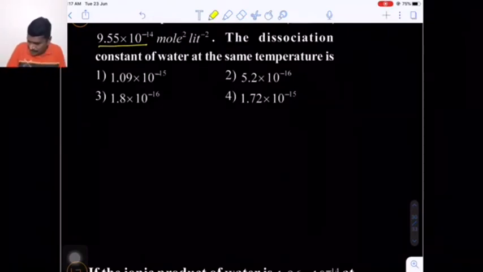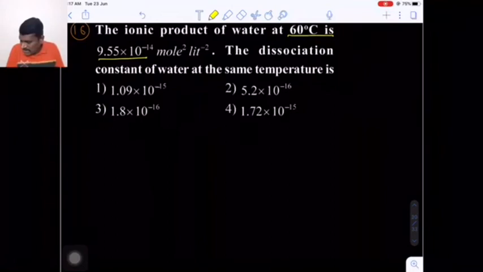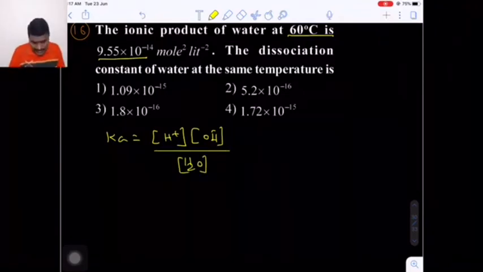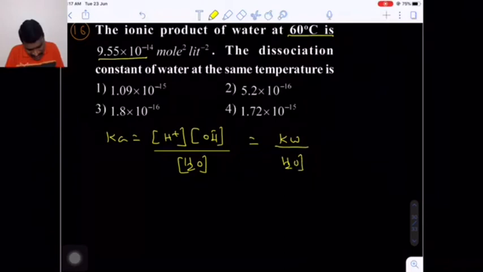Question number 16, what is the Ka? Nothing but H plus ion concentration into OH minus ion concentration by H2O concentration. Now here H plus ion concentration into OH minus concentration, we write Kw divided by H2O.